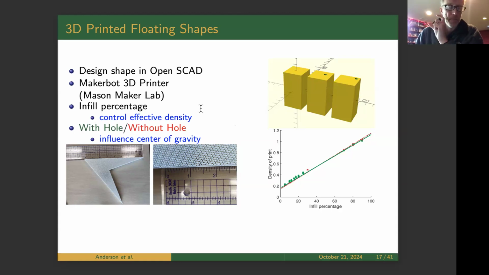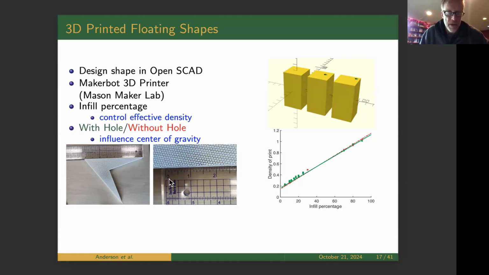We'll have control over the infill percentage. If you've used 3D printers, you know what that is. If not, it's a control you specify as you set up the print, and it's the way we control the effective density of the object.